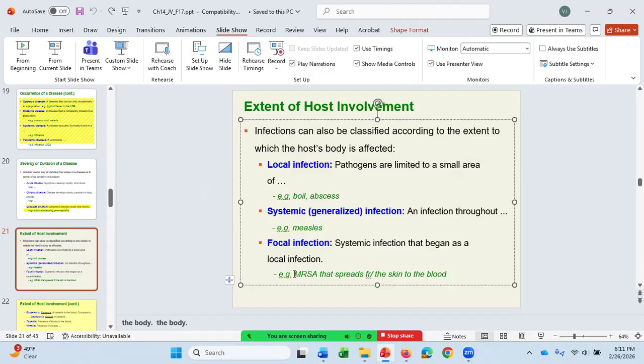Let me state that MRSA, multi-drug resistant Staphylococcus aureus, is a species of Staphylococcus aureus that is just resistant to many antibiotics, usually to all except for maybe vancomycin. And there are even variations of it that are resistant to vancomycin. So it is a member of Staphylococcus aureus. It's just resistant to many antibiotics.